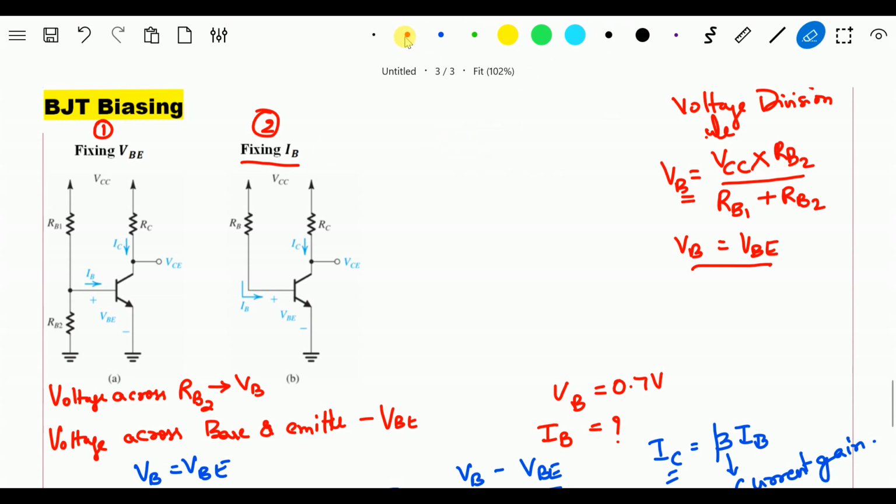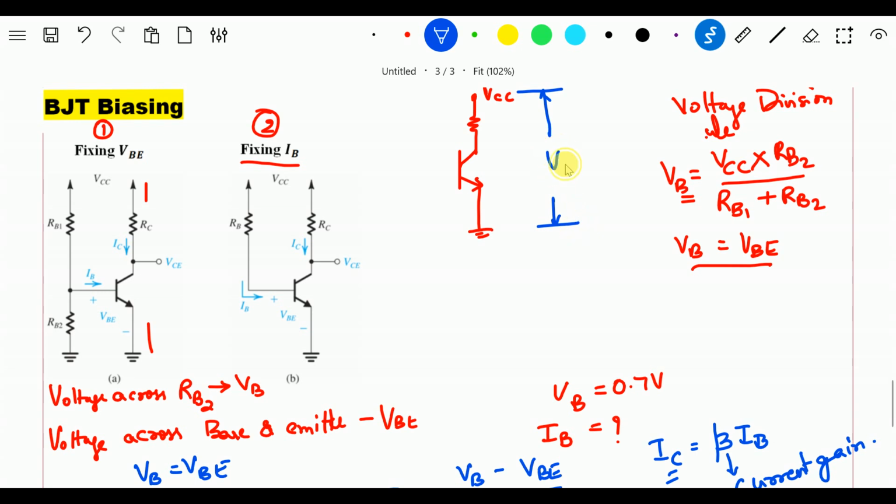I'll just write it separately here. This is RC. You have a transistor, emitter connected to ground, and this is your VCC. If I mark the voltages properly, VCC is from here to ground.